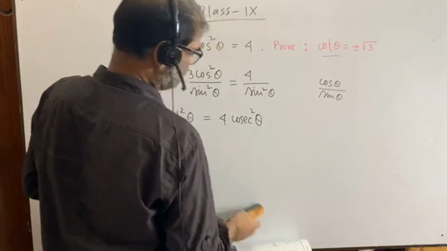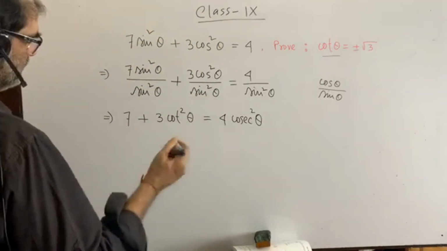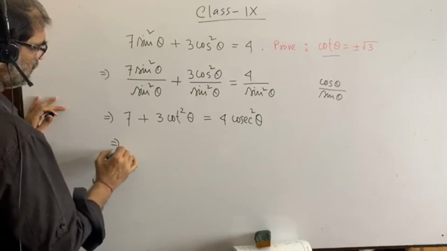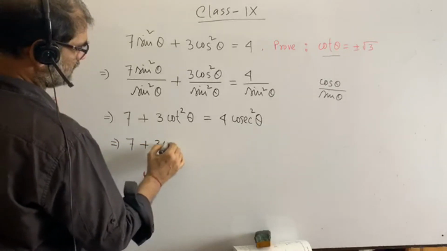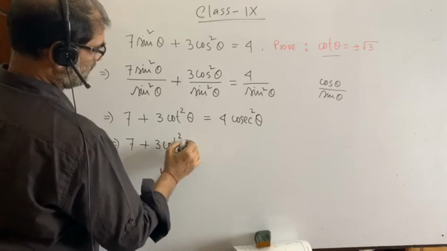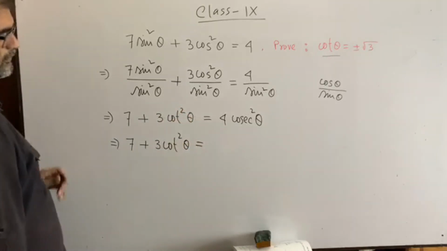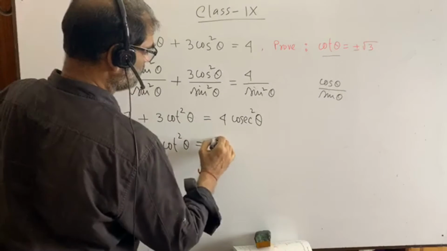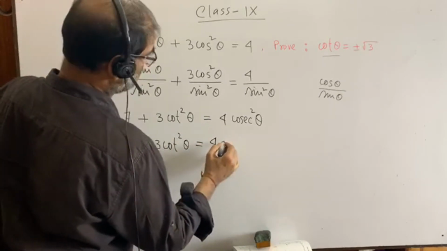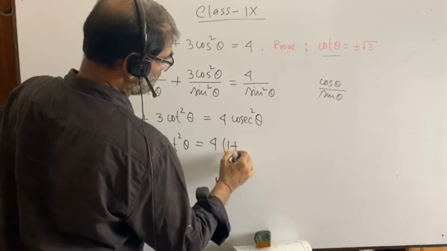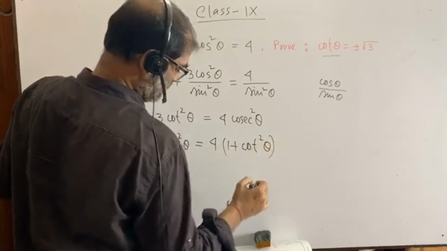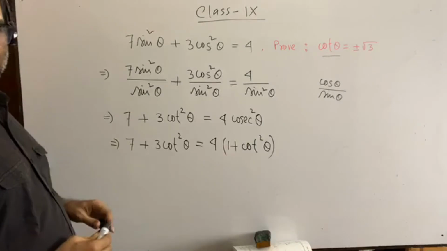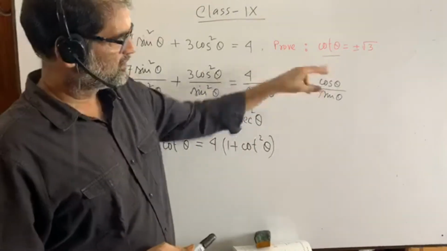Now write down 7 plus 3 cot square theta is equal to 4 cosec square theta, which equals 1 plus cot square theta. This is the formula, and we are going to find cot theta.